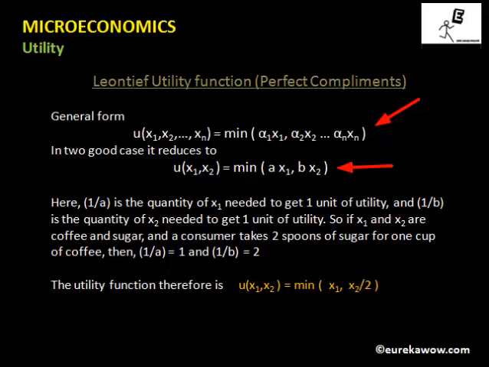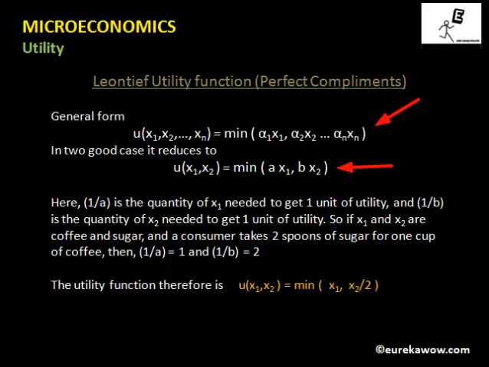Now what are a and b here? 1 by a is the quantity of good 1, that is quantity of x1, that is needed to get 1 unit of utility, and 1 by b is the quantity of x2 needed to get 1 unit of utility.